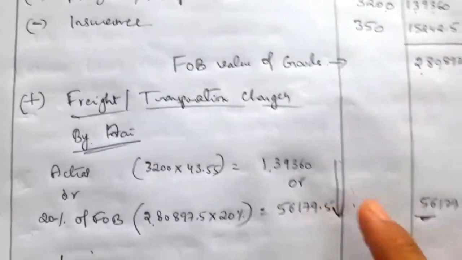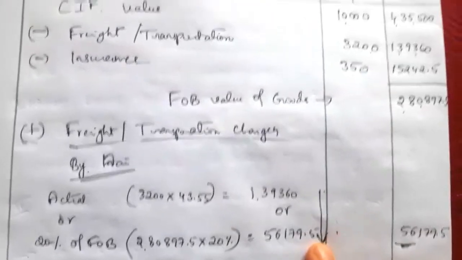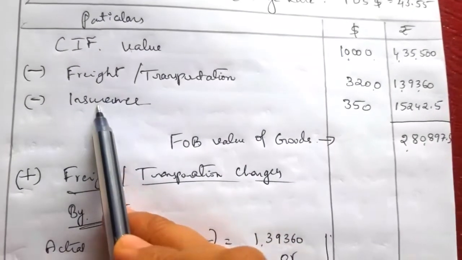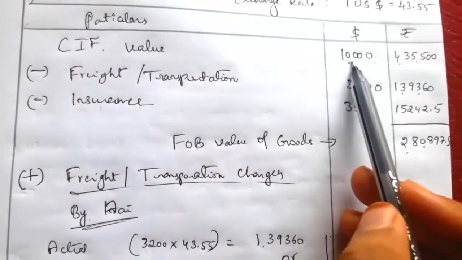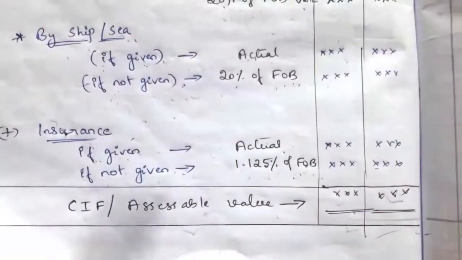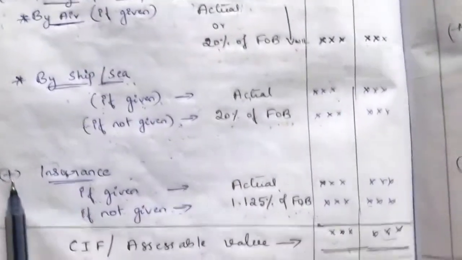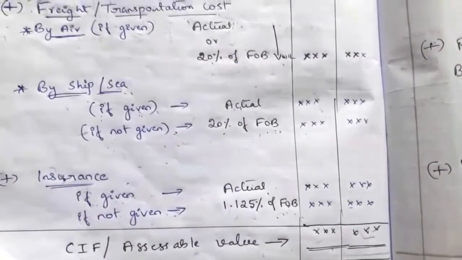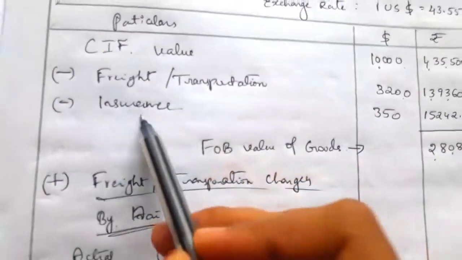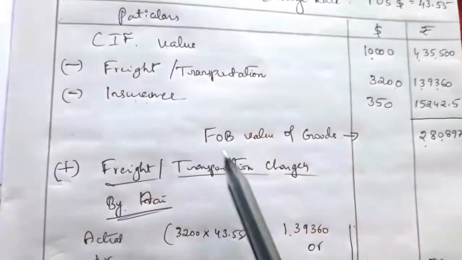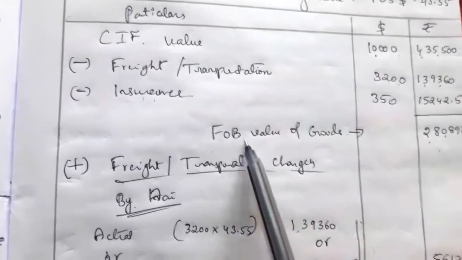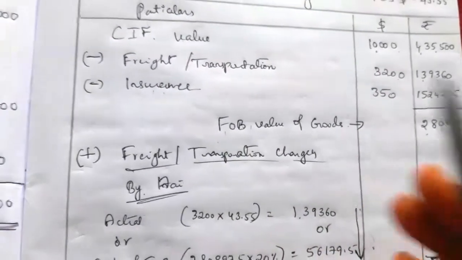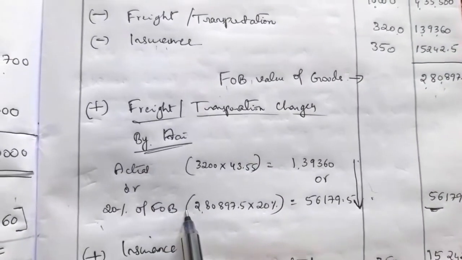In order to apply the condition, first we have to deduct this freight and insurance, because they have given CIF value, which means the freight and insurance is added. So we deduct that added freight and insurance from the CIF value, and we will get the actual FOB.